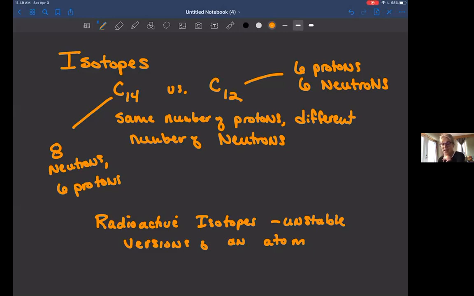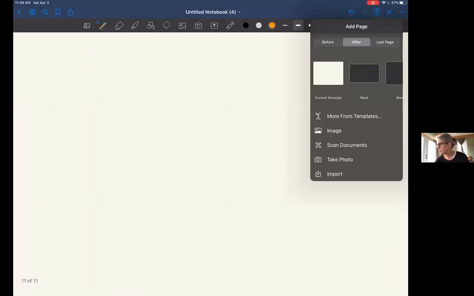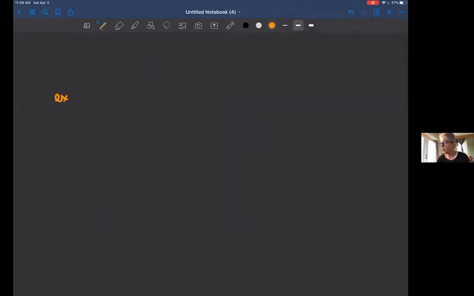So these radioactive isotopes are interesting because they also emit energy. So we do have radioactive isotopes that we use, and there are some that are actually normally found in nature. So for example, uranium 235 and uranium 238. So we have radioactive uranium.